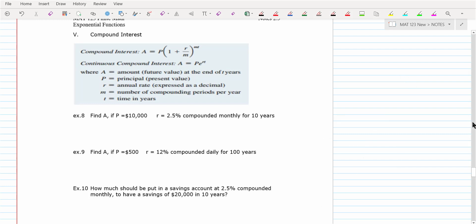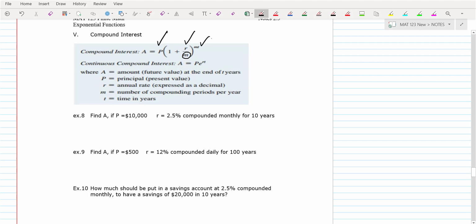Okay, so I'm going to show you how the compound interest formula works. In the formula, I showed you a little bit with the Euler number. So we're going to learn how to use this. The principal is what money you put in. Then you have an interest rate, which is R. And then M is the number of times you compound in a certain amount of time. And T is the amount of time.